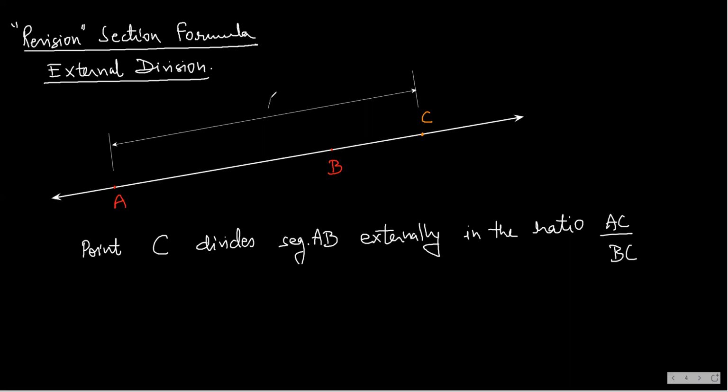This time I'm writing actual distances, in units. And suppose the distance BC is 15 units. So this becomes 25.